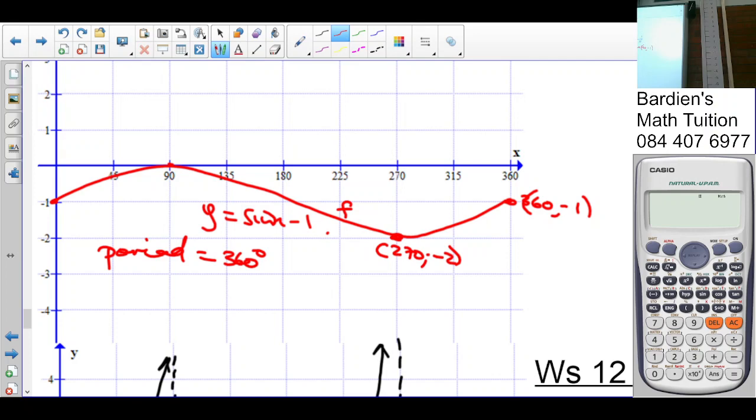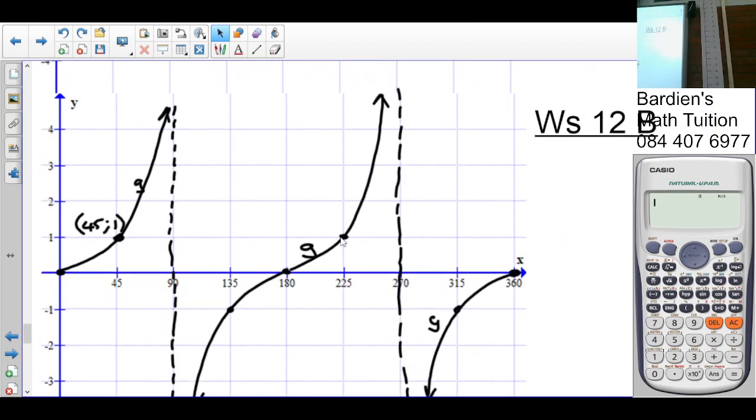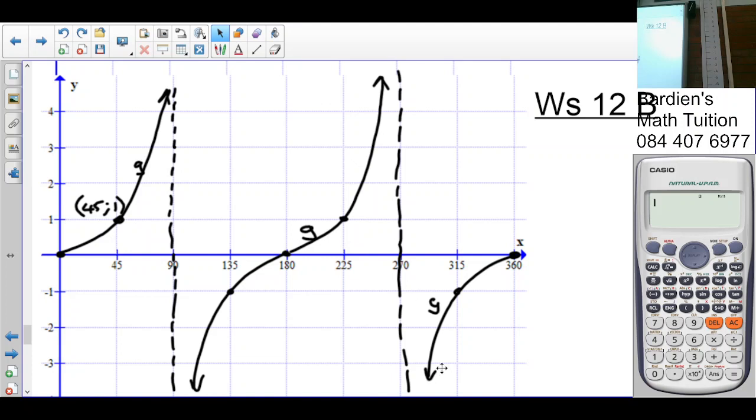The period of g. And the g of x graph, of course, is the tan graph. The time taken to complete one full cycle here. Not 360, 180. As you can see from start to end, it is 180 degrees.